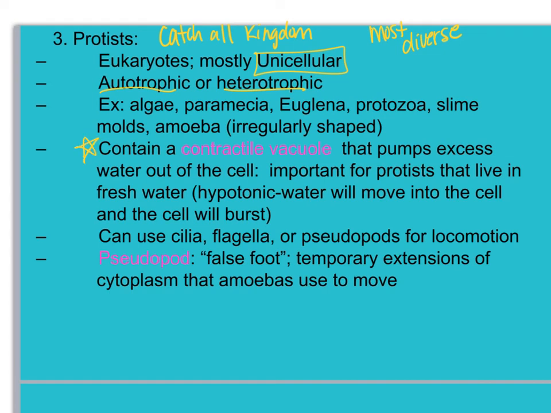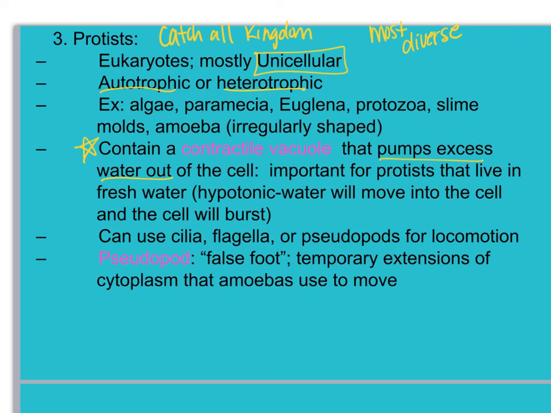So they have that contractile vacuole that we mentioned before. In our next PowerPoint for this section, we're going to talk about hypotonic solutions, which could cause the cell to burst. A contractile vacuole helps prevent that and pumps excess water out.